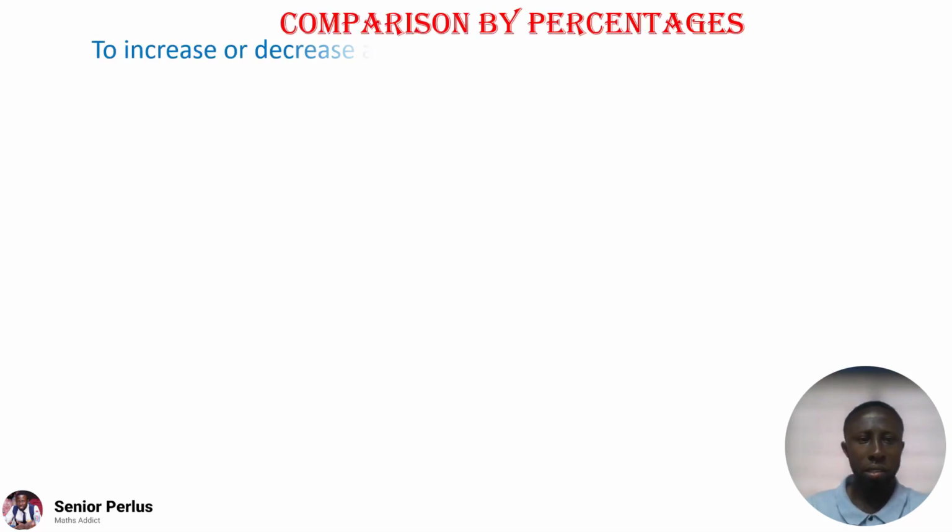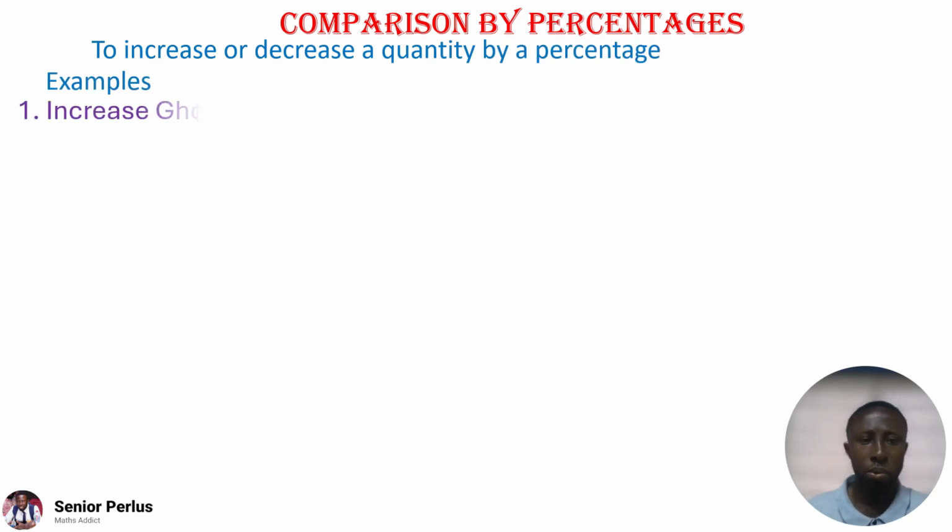So, to increase or decrease a quantity by a percent, for example: increase 500 Ghana cedi by 30%. We dealt with how to express a percentage of a quantity. That's the percentage times the quantity. That's what we are doing here.